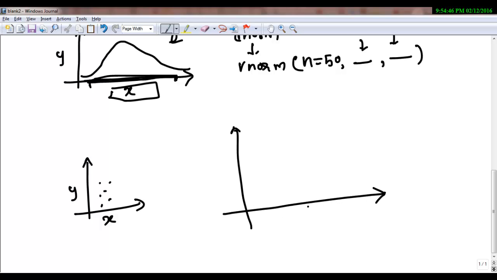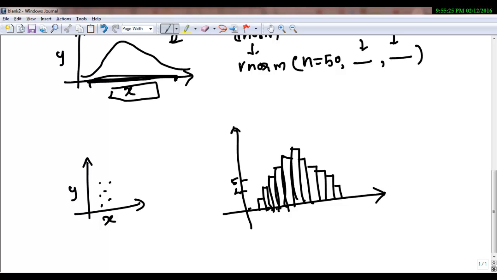So to know whether it is really normal or not, what I need is, for example, this is a value of x, and how many instances of this value are present in my data set. Let's say there are 4 instances, so there will be a bar over here, and for this value, let's say there are 5 instances. So this sort of diagram will give me the information that my distribution looks like it is normal.